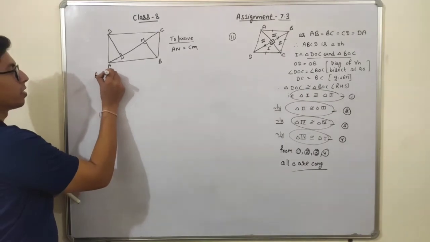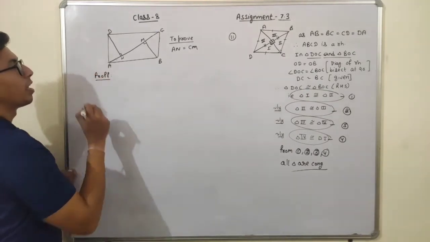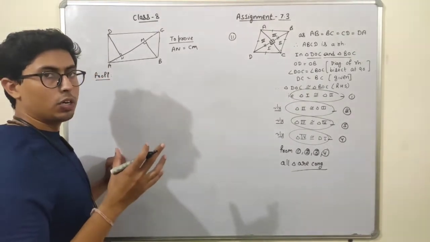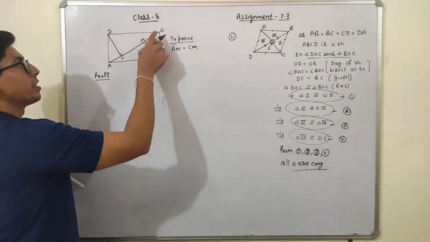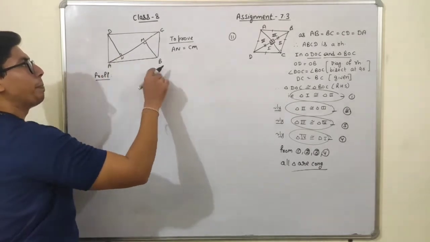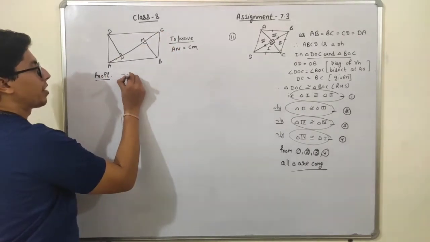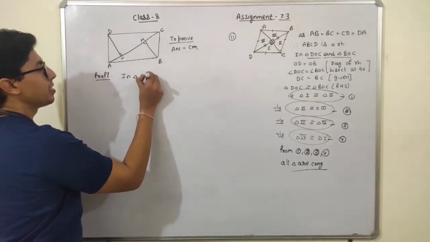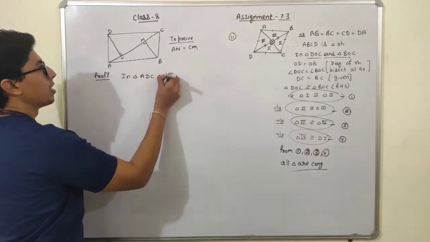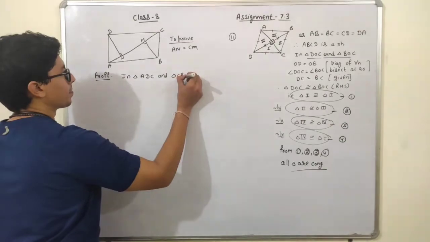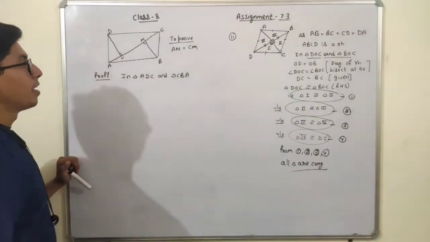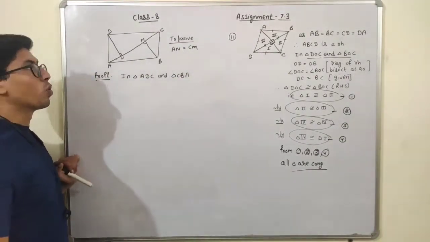Proof, students. First of all, I will do one thing. I will take triangle ADC, that is a bigger triangle, and triangle ABC. In triangle ADC and triangle CBA, I will prove that these two triangles are congruent.